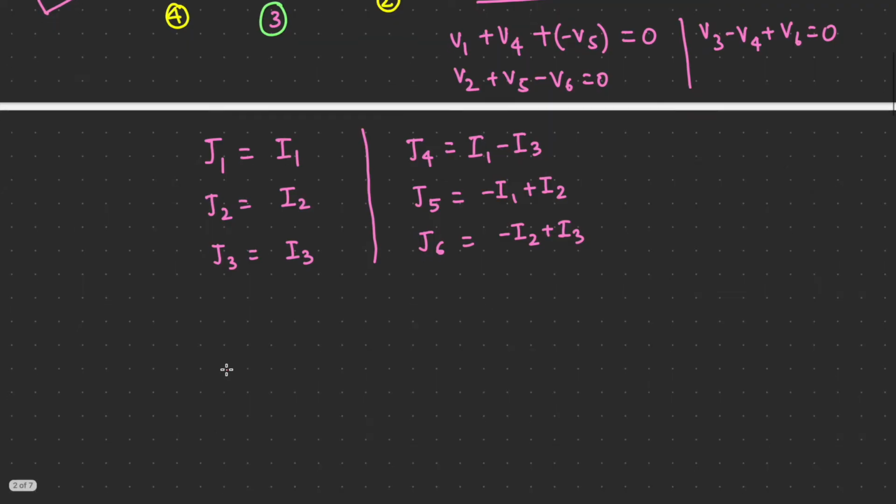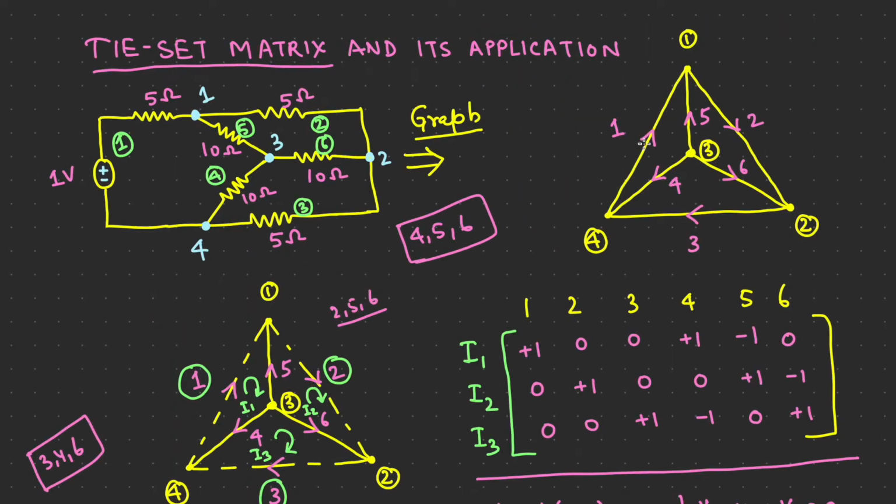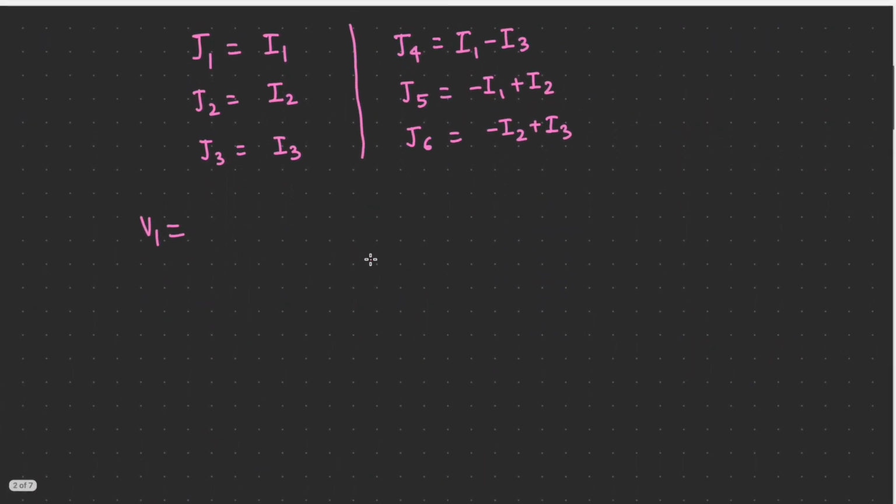We can apply this by calculating these voltages separately. So let's write the voltages. What will be V1? V1 is the voltage across branch number 1, which is the current I1 into 5, and 1 volt lesser than that, so you can write 5I1 minus 1.